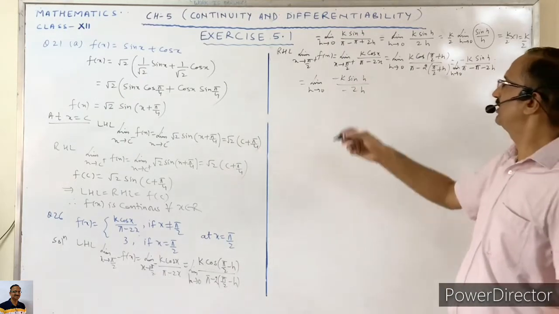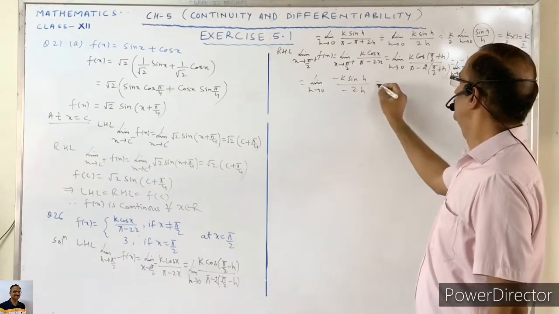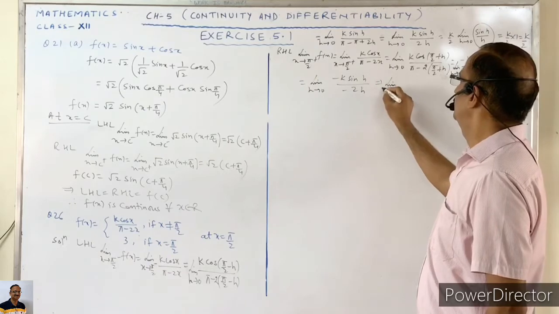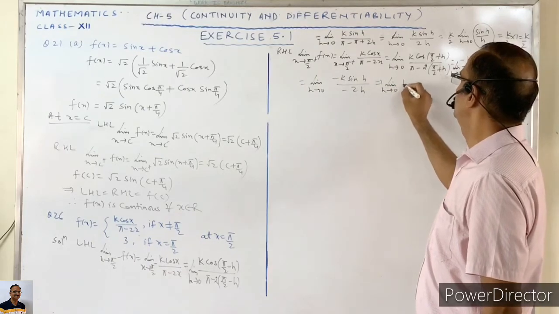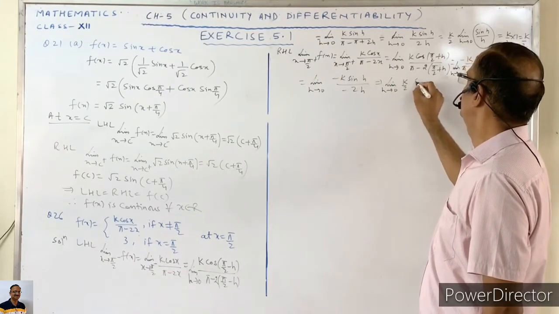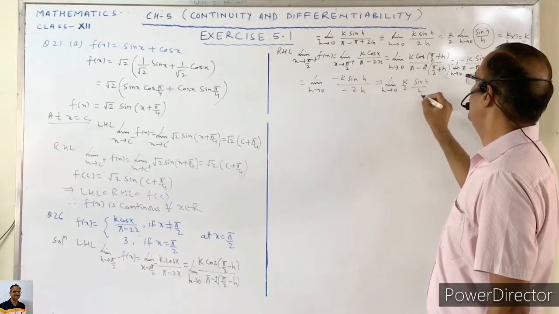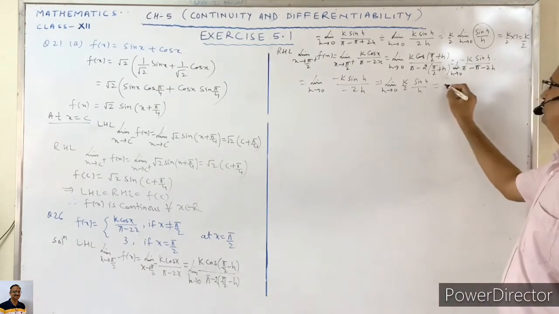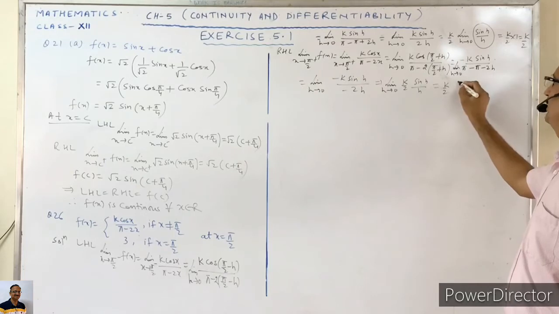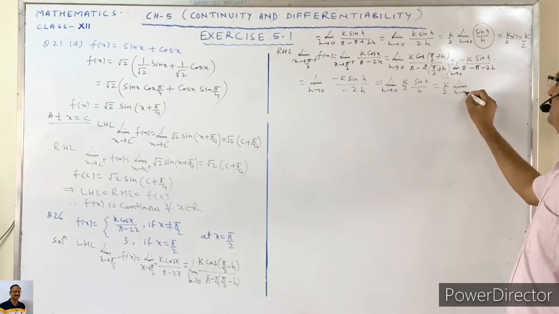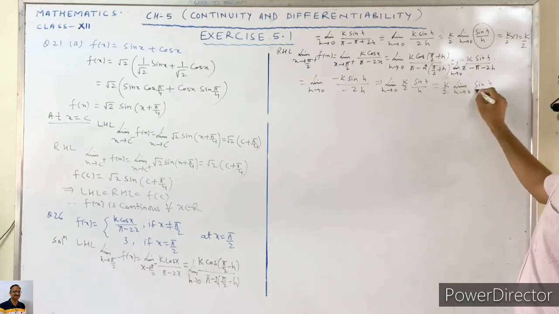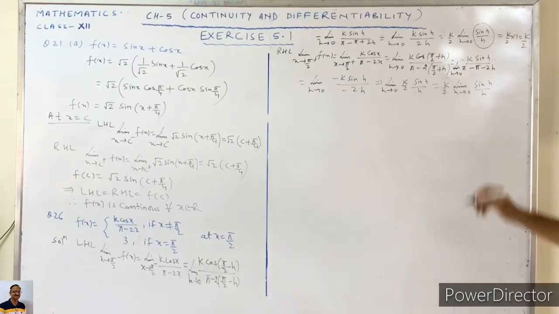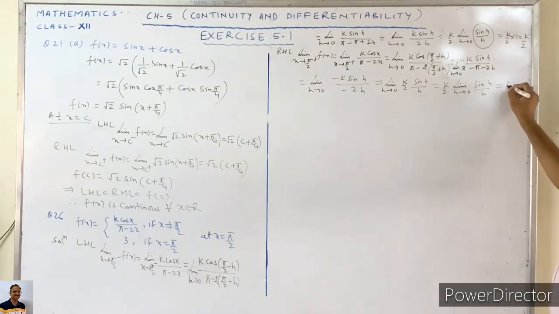Now minus and minus will cancel out, and this is limit h tends to 0 k by 2 sin h by h. Now k by 2 is constant, and in the same way we can write limit h tends to 0, sin h by h. Its value is 1, so directly we get k by 2.